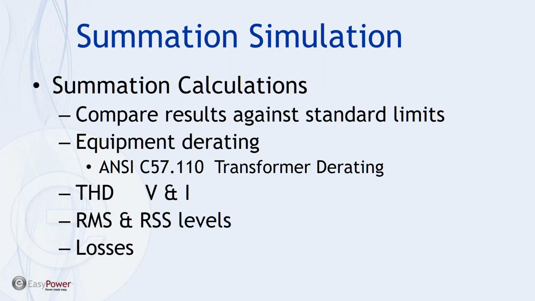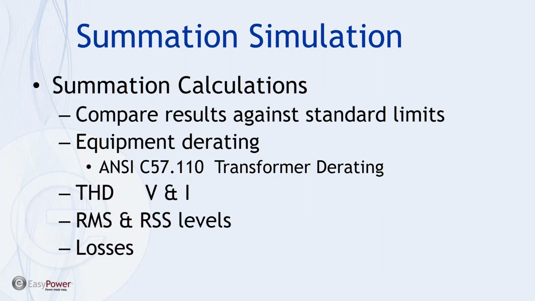We can compare those results against industry standards and limits, determine equipment derating requirements, including transformers, cables, and other system elements, and then look at standard levels as far as RMS and RSS and reports, and then in the final analysis, specify where the predicted losses are throughout the system.